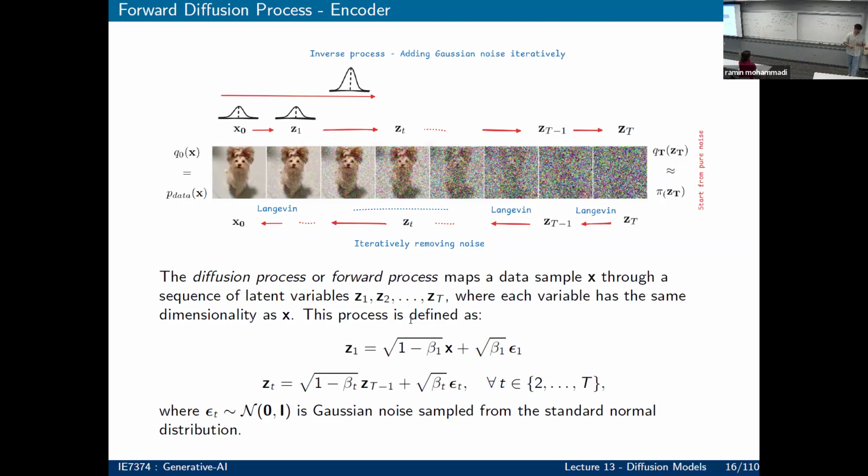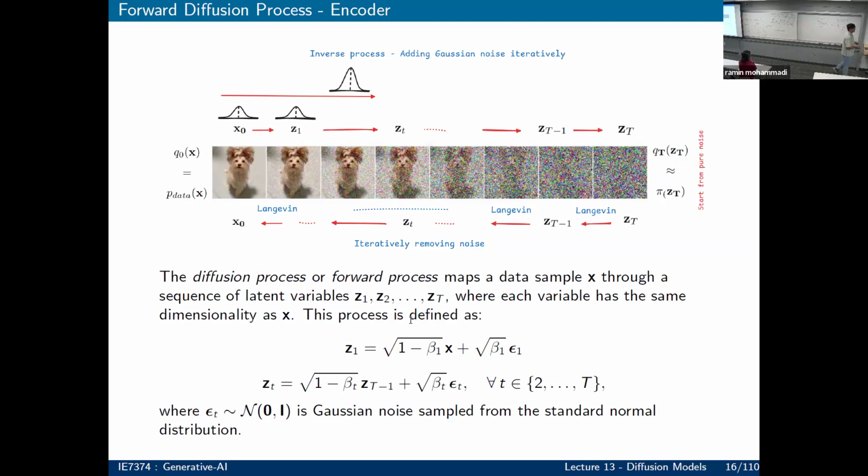In the forward process, the equation you see here for z_1 comes from two terms: the square root of 1 minus beta times x, where this is the first time you add noise to an image, and x is the image you have. You multiply it by a value and add something to it. Beta is a hyperparameter that controls the amount of noise we want to add.